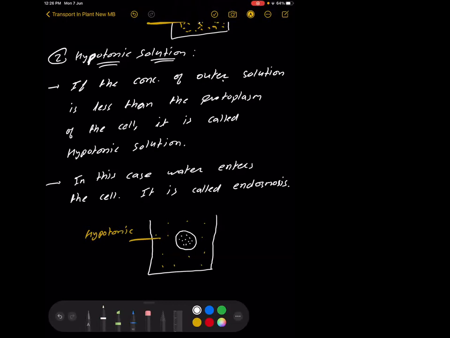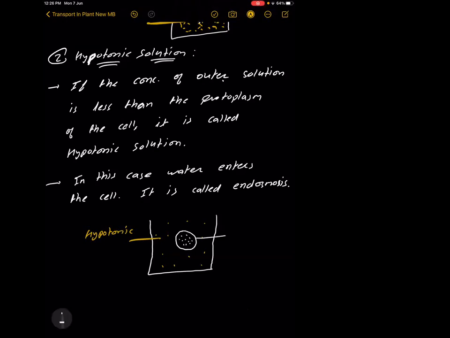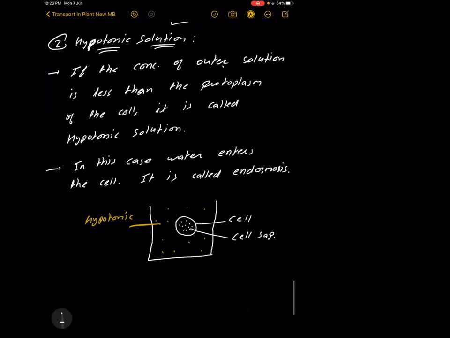This is the cell and this is the cell solution. So it shows hypertonicity, or it is called hypertonic solution. Third one, isotonic solution.